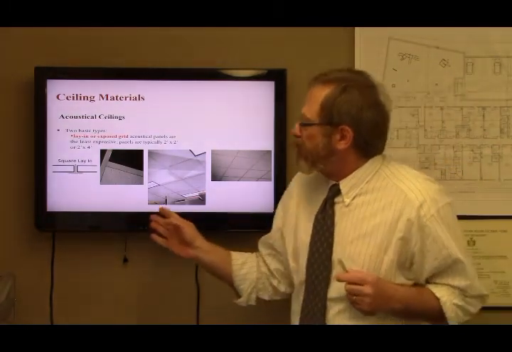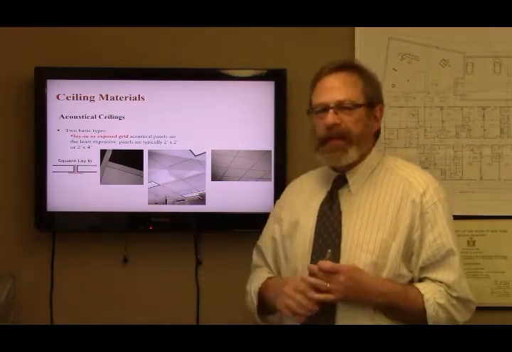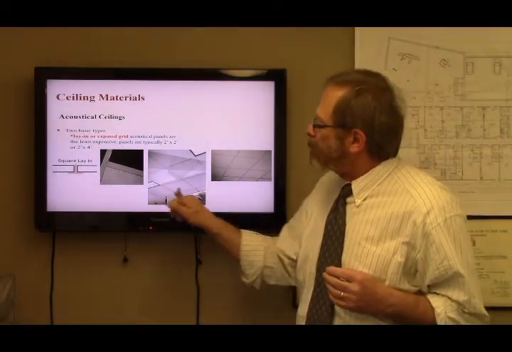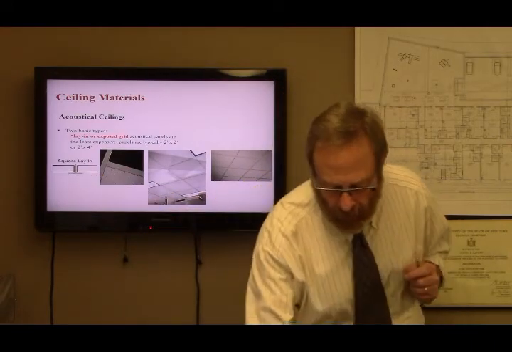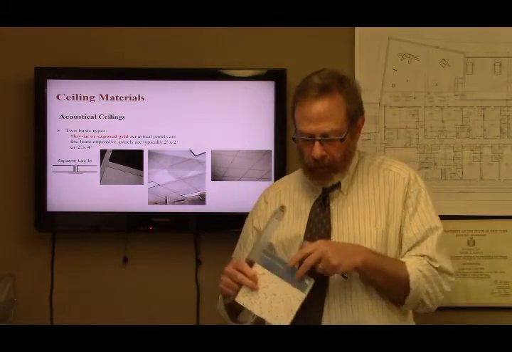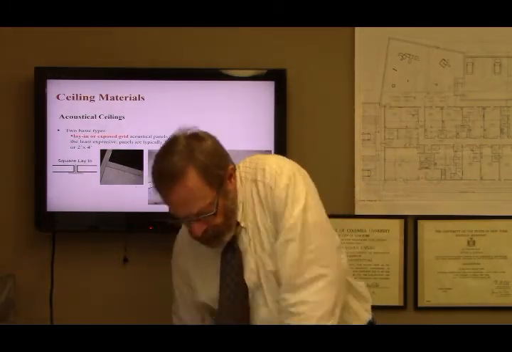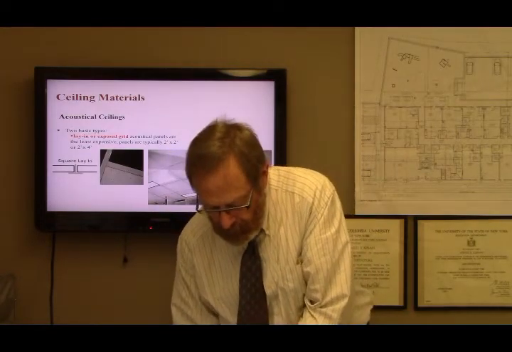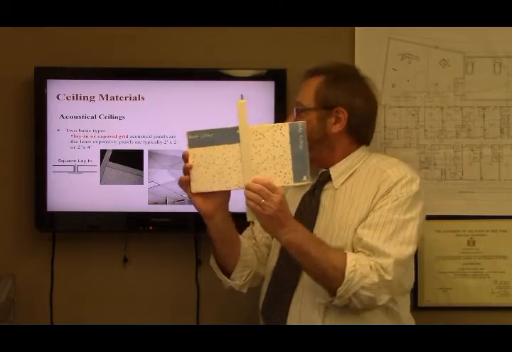As you can see here, the grid can come as simply a T, which means you would end up with an effect where the panel and the T's are essentially flush, something to this effect. Probably looks very familiar.